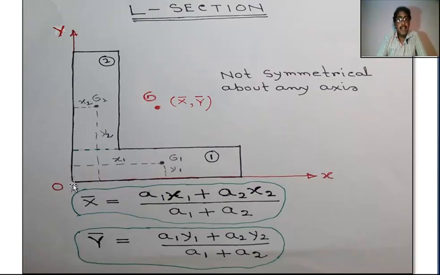First draw x-axis and y-axis. Okay. If we draw a line parallel to x-axis, this figure is not divided into two parts. If we draw a line parallel to y-axis, this figure is not divided into two parts.